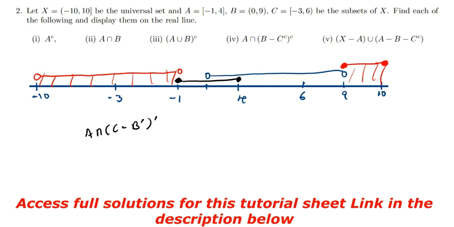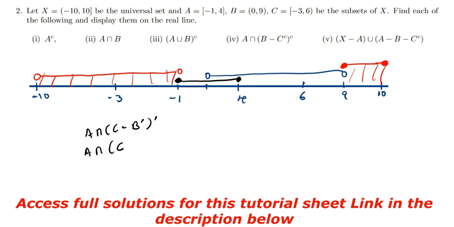So for you to answer this question, you are first supposed to simplify. So this is A intersection open C. So in mathematics, if you have A minus C, this simply means that A intersection C complement. So minus simply means intersection complement what comes after minus.